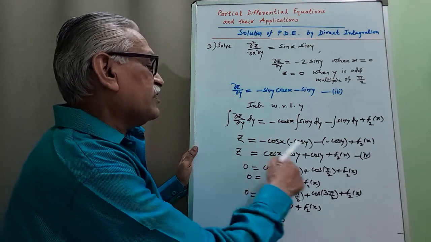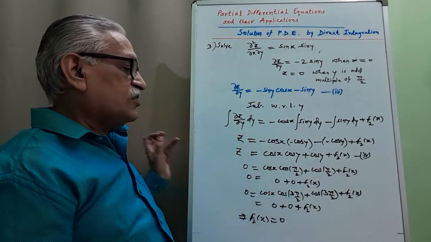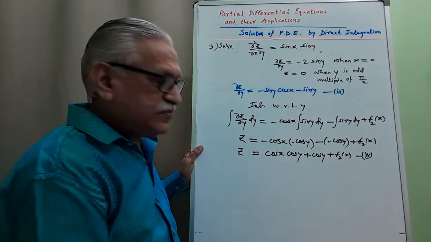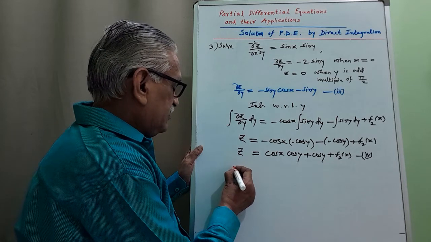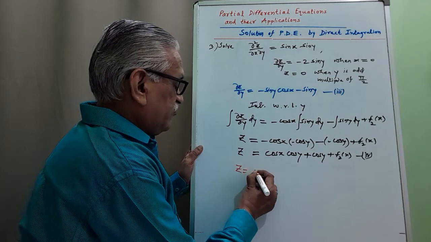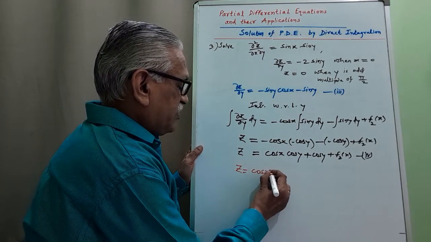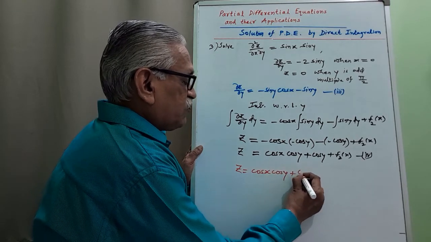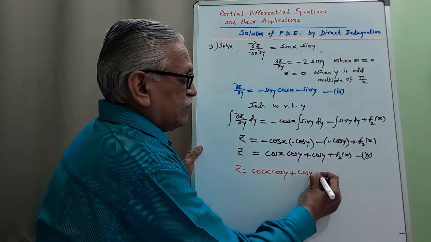Therefore, substituting the value of f2 of x as 0 in equation number 4, we get the required solution: z is equal to cos x into cos y plus cos y plus 0.